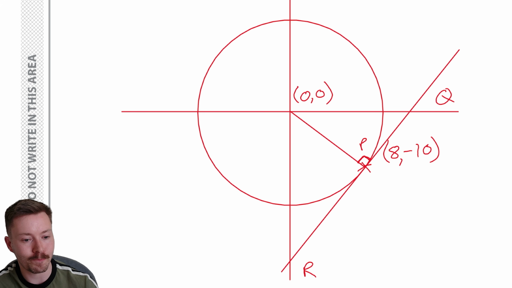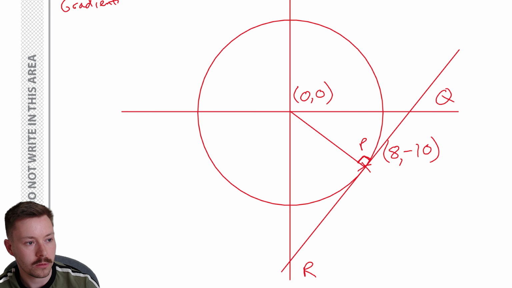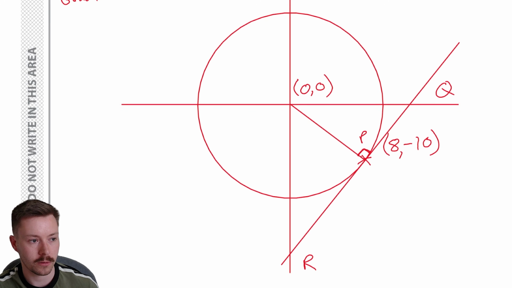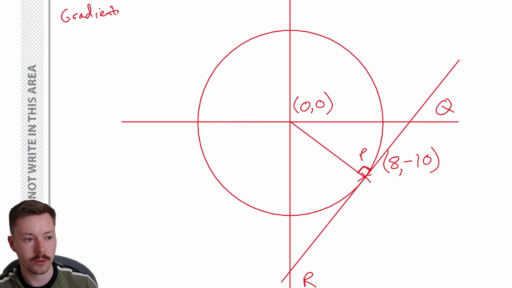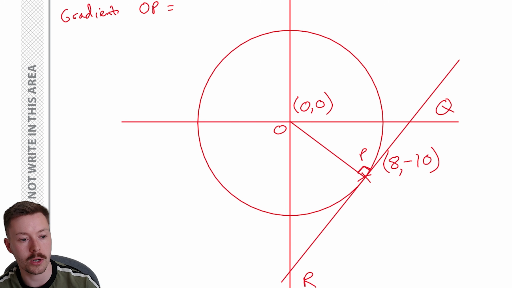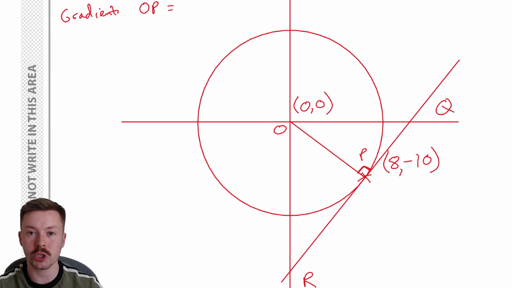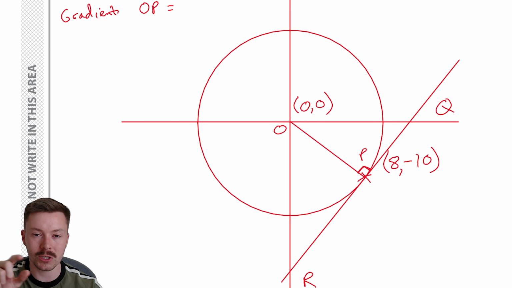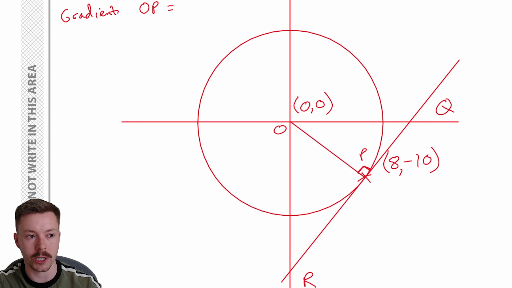Let's work through it. So gradient, let's just scroll this down slightly. Gradient of OP, that is called O, it's the origin. So gradient of OP is equal to change in y over change in x. So it doesn't matter which way around you do it, change in y has to be on the top, change in x on the bottom, but it has to be consistent for change in y and the change in x.